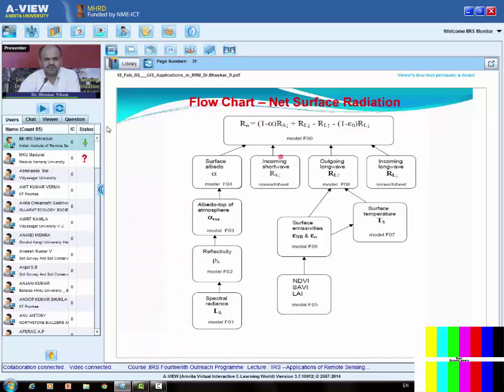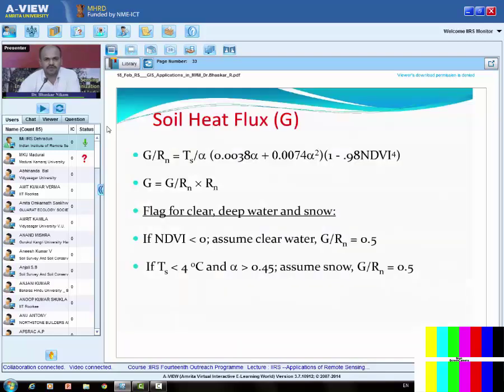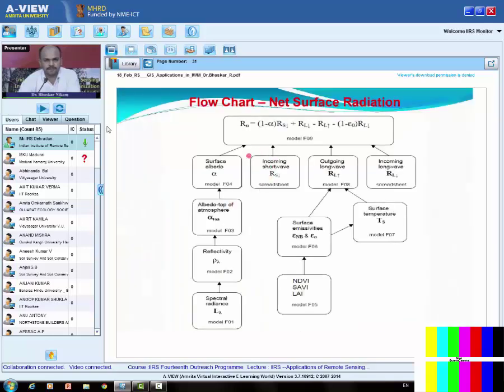Then I will calculate incoming short wave radiation. Now to calculate incoming short wave radiation, I need very simple information: what time of day it is, what is the Julian day, and the atmospheric transmissivity. All this information will be available in your remote sensing header file.